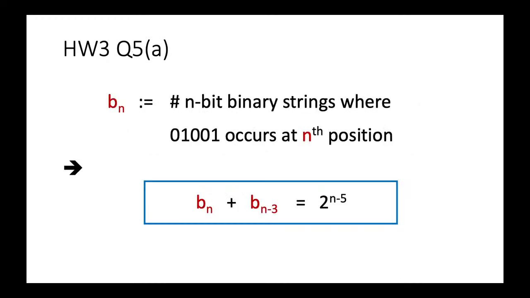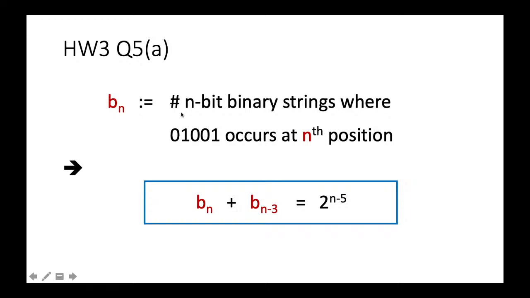Okay, finally, this is question 5. Question 5 is also a standard thing to test your understanding of the lecture materials. This time we let b_n be the number of n-bit binary strings where 01001 occurs at the nth position. For this question, we want to find the generating function for these terms b_0, b_1, and so on.